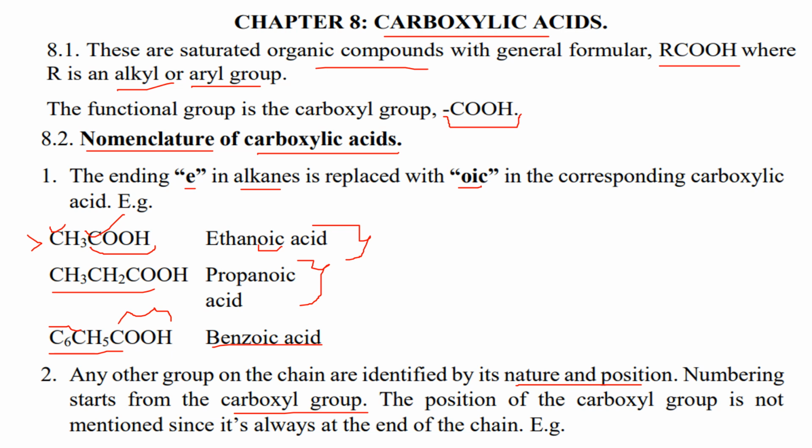The position of the carboxyl group is not mentioned since it is always at the end of the chain. So this carboxyl group in every carboxylic acid must be at the end of the chain, so its position is not named anywhere. Otherwise, it would not make any sense if you said one carboxylic acid. So we don't name it.